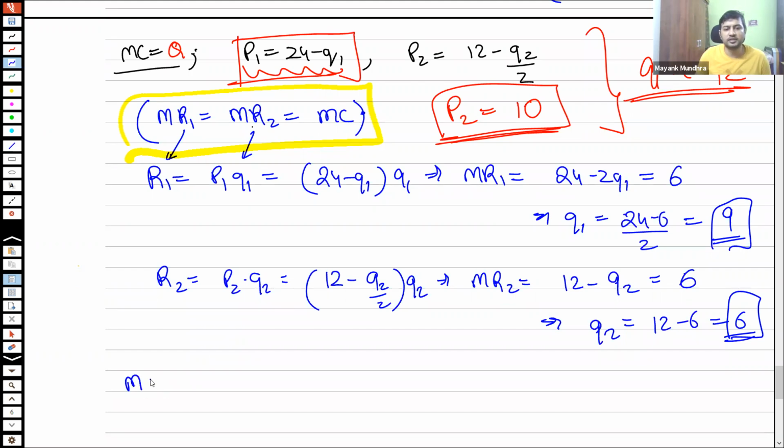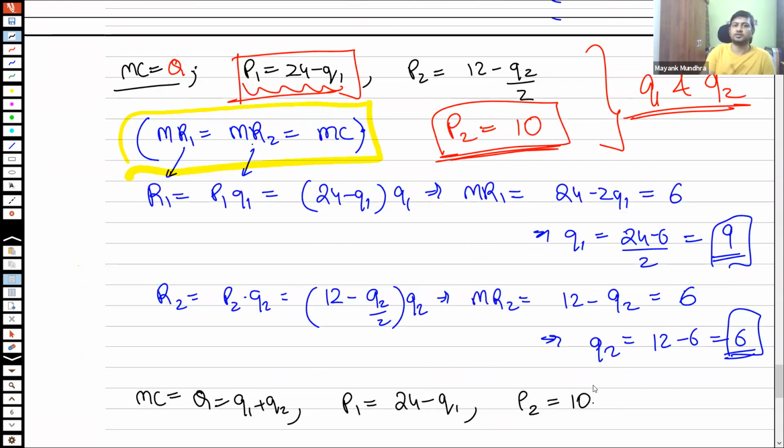So what I'm saying is that marginal cost is equal to capital Q, which is basically Q1 plus Q2. Inverse demand in market 1 is 24 minus Q1. And in the second market, price is a fixed value, 10.